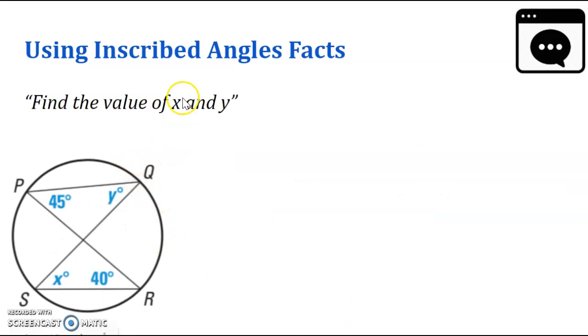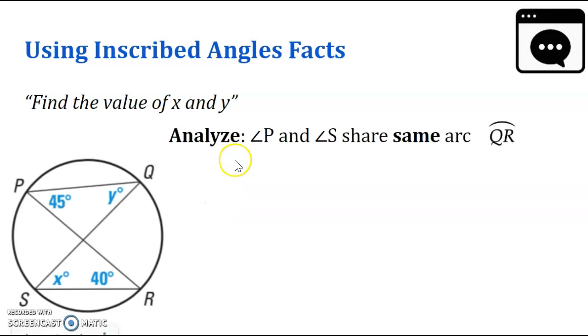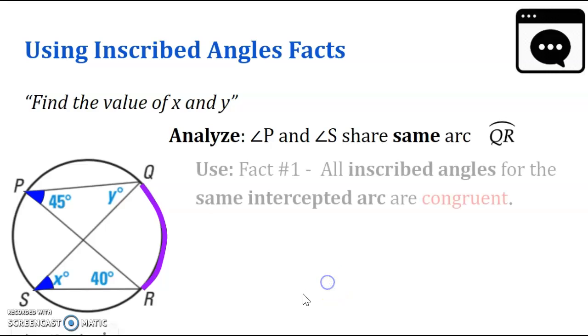Okay, what about finding the value of x and y? Well, analyze angle P and angle S. Angle P and angle S share the same arc, QR. QR is the arc that angle P and angle S share. That means they are congruent as well. So if this is 45 degrees, angle X has to be 45 degrees.